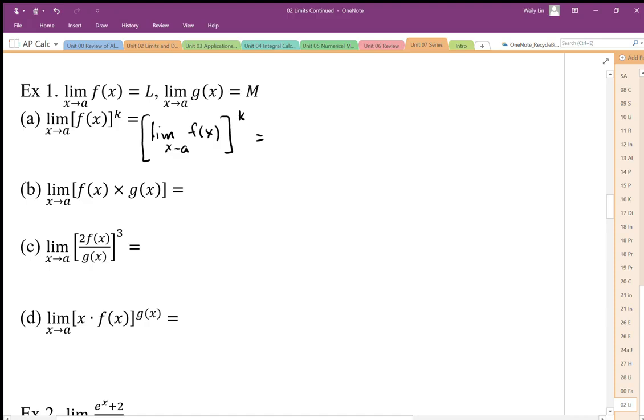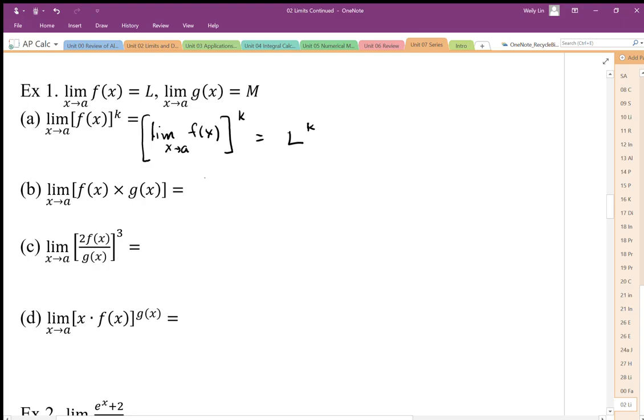We know that limit is L, so it's going to be L to the power k. We can just apply the limit to the base and then apply the power afterwards.